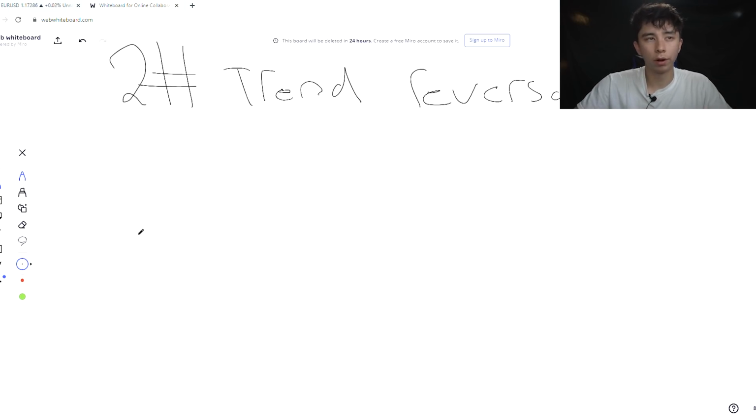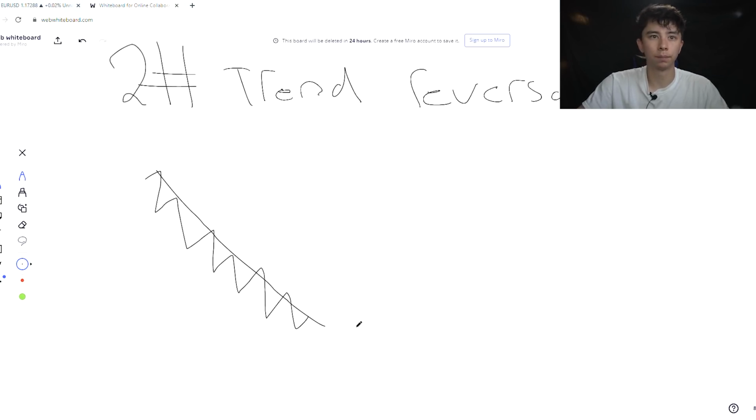So to figure out when a trend will reverse, first we need a trend. So let's say you are in a downtrend and you're waiting for it to reverse to an uptrend. You have the trend line here, and what we need to understand is what trends are made out of. A downtrend is made out of lower highs. As we can see here, every time the trend goes down, we have a lower high. Once we know that, we can then understand when these trends reverse.